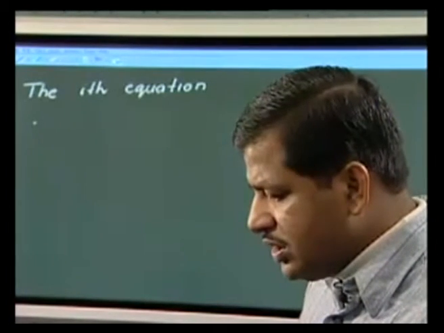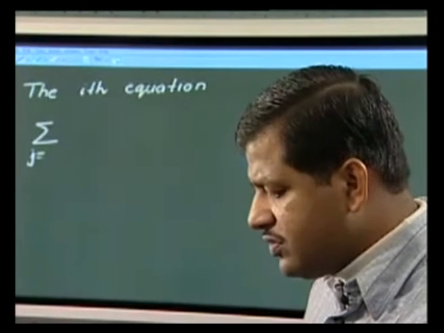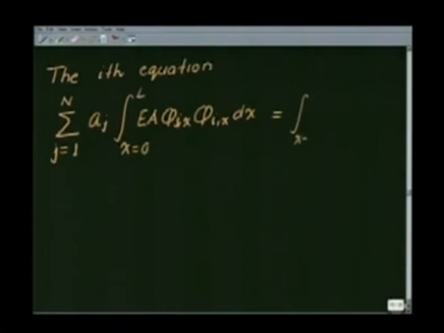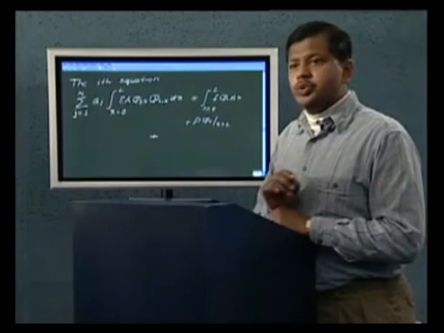will be summation of j equal to 1 to n aj integral x equal to 0 to L ea phi j comma x phi i comma x dx equal to integral x equal to 0 to L f phi i dx plus p phi i evaluated at x equal to L, plus a part which will come, remember, from your un of x.